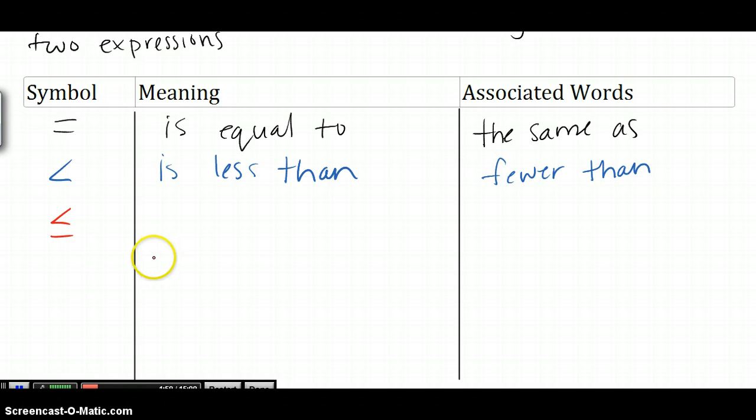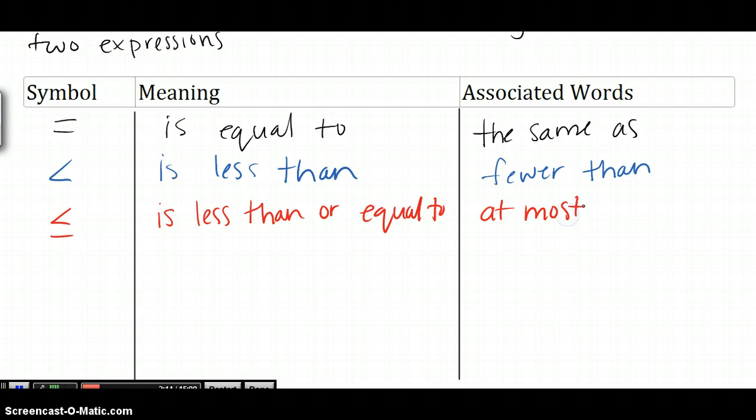So then less than or equal is if it says is less than or equal to. That one's pretty obvious. It could also say at most or no more than. Because if it says it can be at most this, it has to be less than that or equal to.